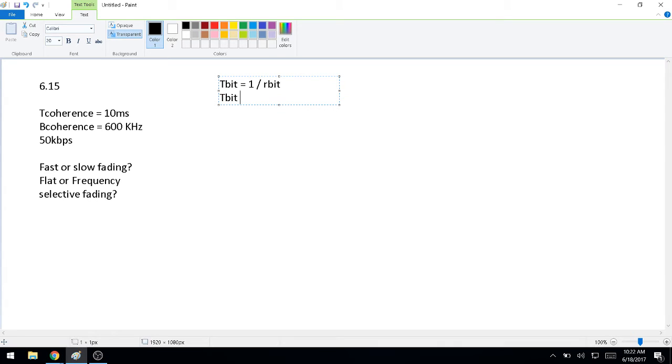And so in this case, if we look at the equation, we see that we're given a bit rate of 50, or 50,000 technically, right, because it's 50 kilobits. And so 1 divided by 50,000.